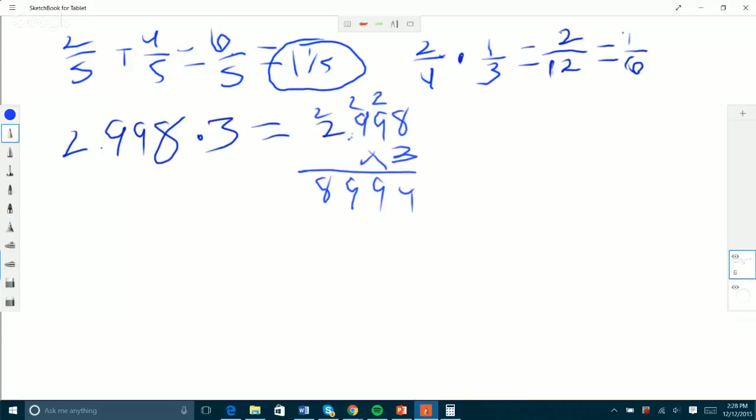Now don't say that the answer is 8,984, because that's wrong. You need to remember that there's a decimal. Now there are 3 decimal places. So 1, 2, 3.